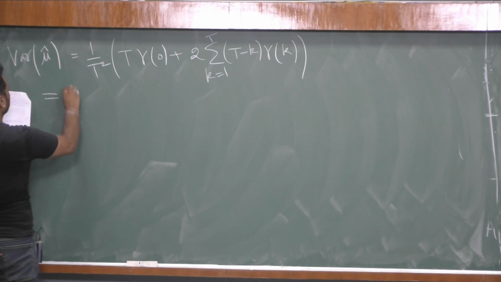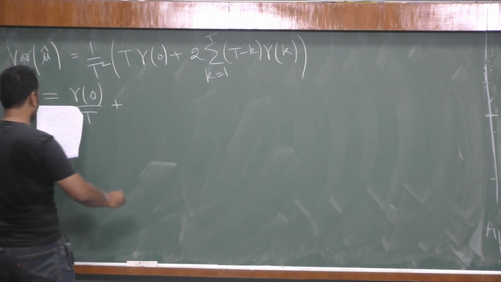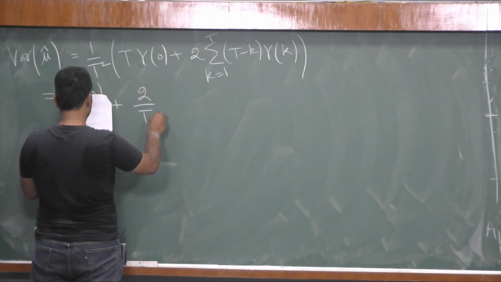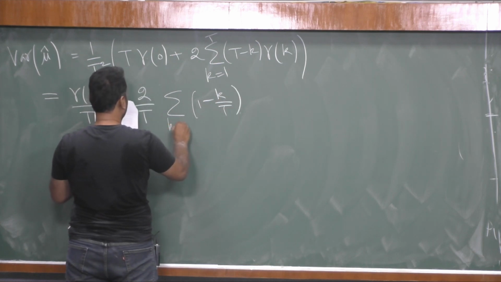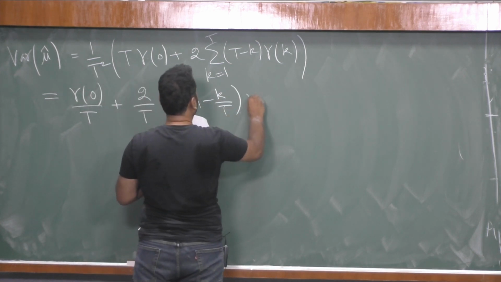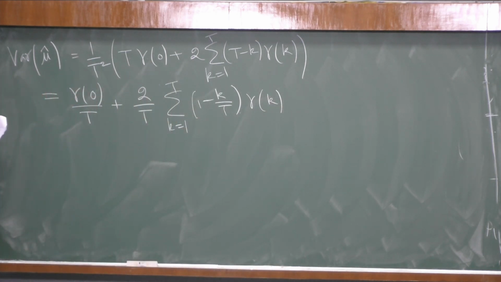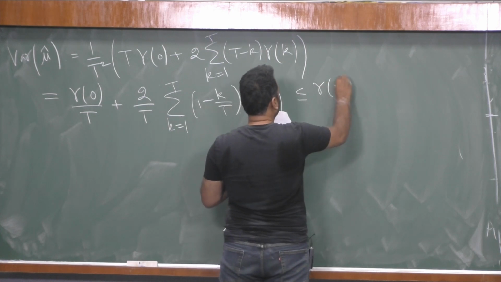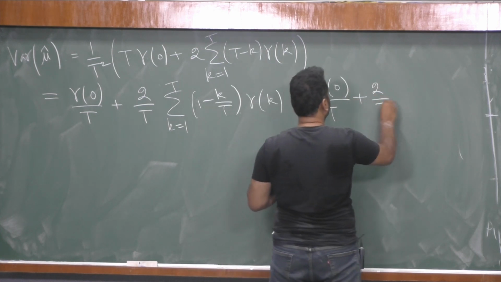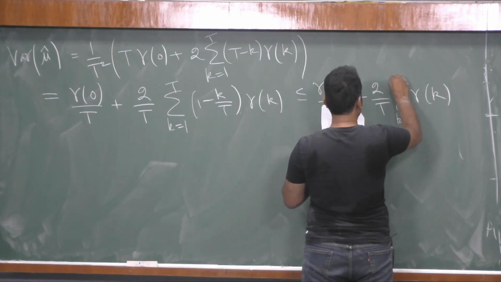This is equal to gamma 0 by T plus, taking T common, 2 by T times the sum over k equal 1 to T of (1 minus k by T) gamma k. Overall we can drop the negative term and get an upper bound: gamma 0 by T plus 2 by T times the sum of gamma k, for k equal 1 to T.